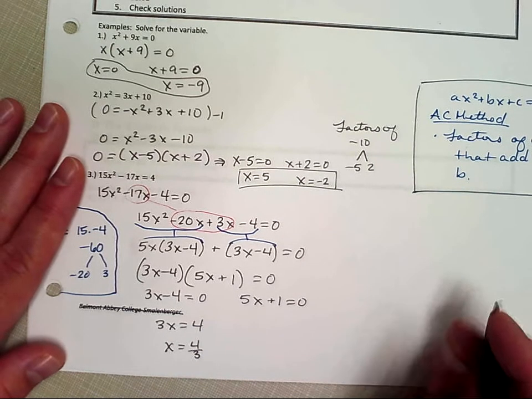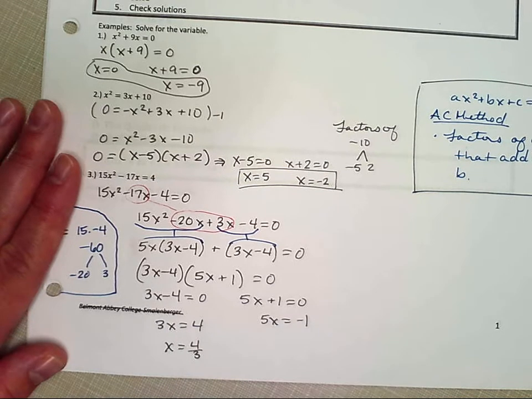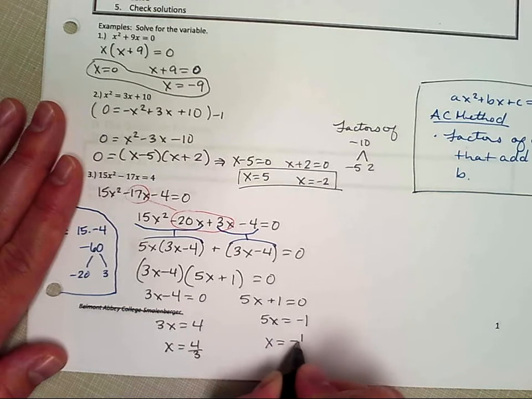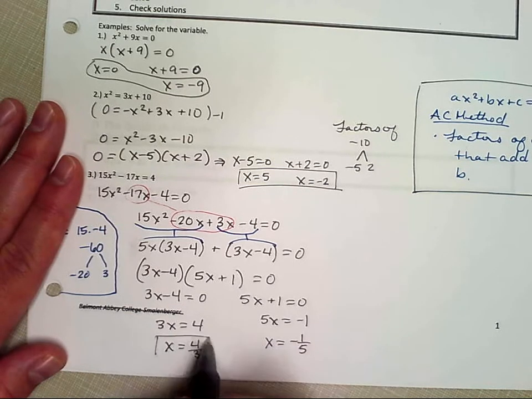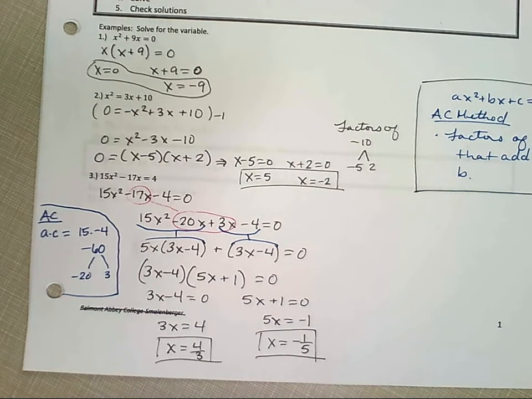Good? The second term I'm going to subtract 1 from both sides. Then I'm going to divide both sides by 5, and I get 2 answers. Are we good?